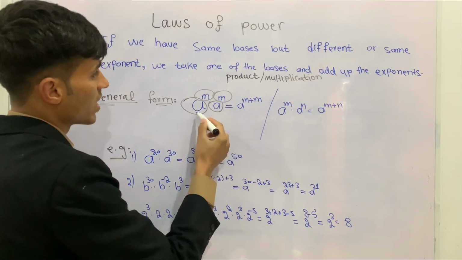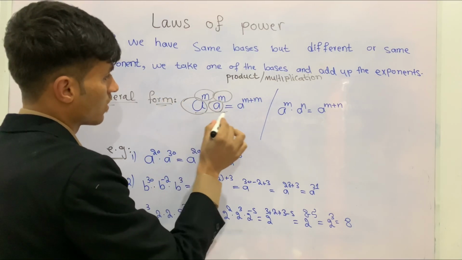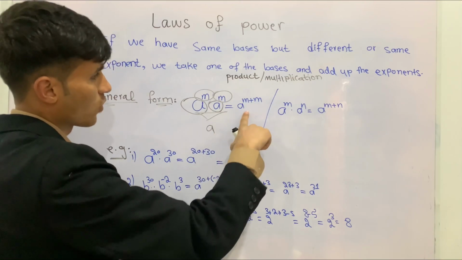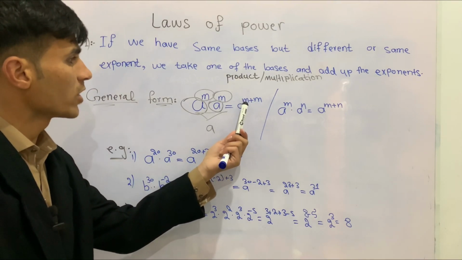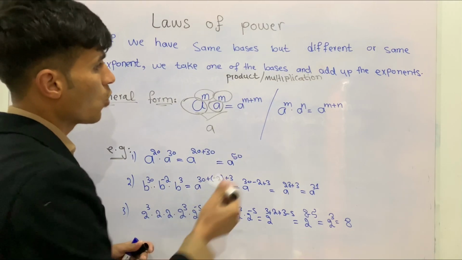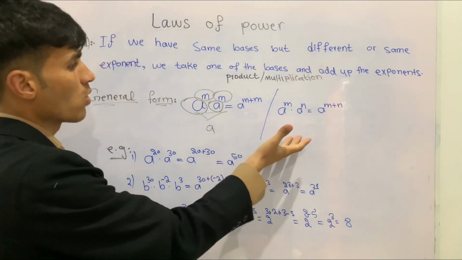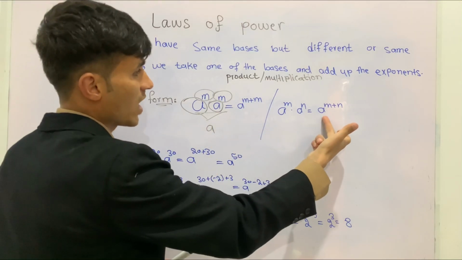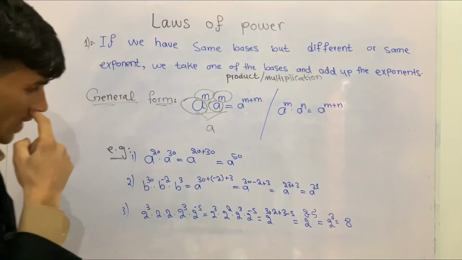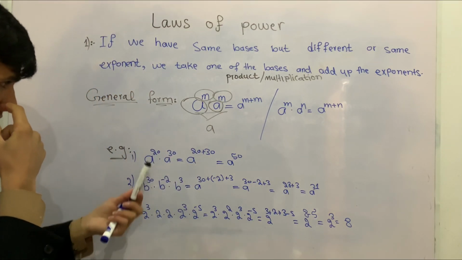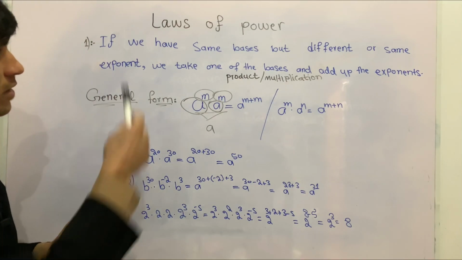So this equals just one common base, which is a, then adding up the exponents: a to the power m plus n. I hope you got it, but here I've written some examples. We will do many more examples and you will learn this law completely.